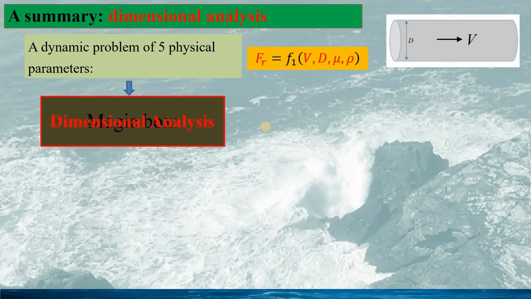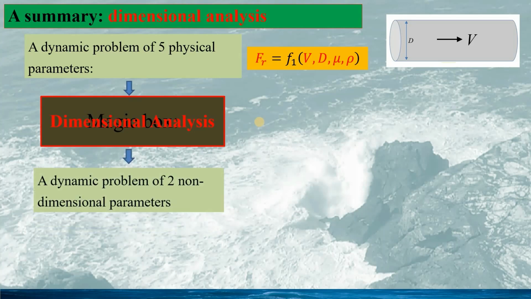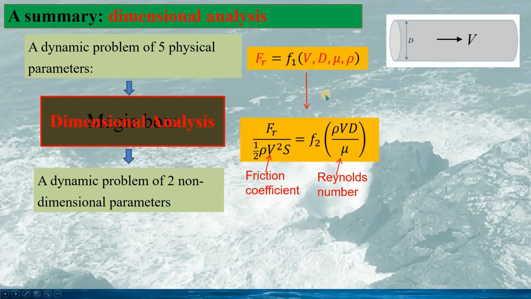By using the dimensional analysis, we can reduce the problem to two non-dimensional parameters. That is, the expression of 5 parameters would be given as the relation between these two non-dimensional parameters, the friction coefficient on the left-hand side, and the Reynolds number as the parameter of the function.